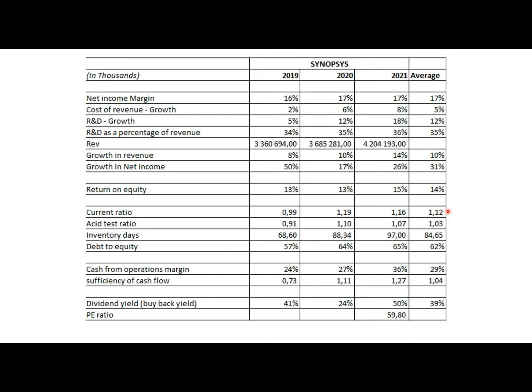Still, with the current ratios, you have to understand that liabilities for Synopsys are mainly driven by deferred revenue. Now, this is income that was received in advance. So, for example, before you perform a service or you supply a customer with a product, they pay you in advance.